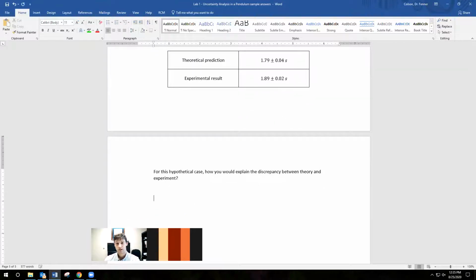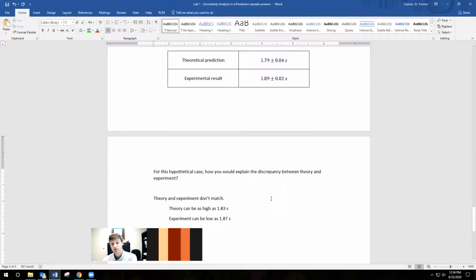So for example, in this hypothetical case, the theory and experiment don't match because the theory can be as high as 1.83 seconds, because if you add 0.04, it can be as high as 1.83, but the experiment, with its uncertainty, can be as low as 1.87 seconds.